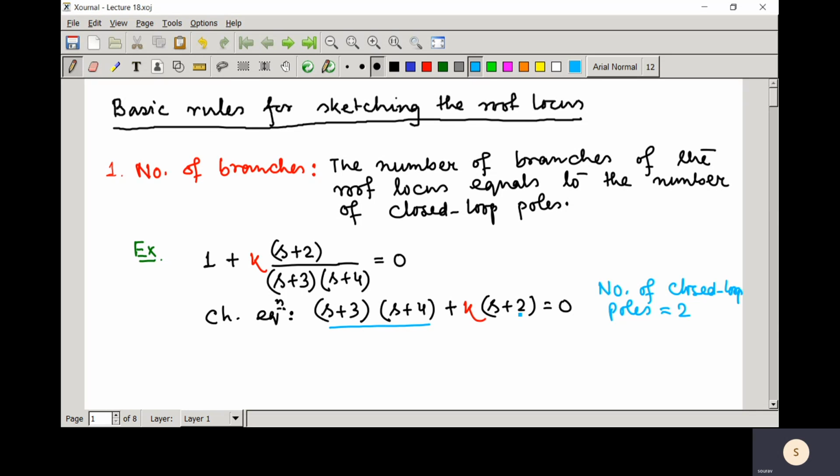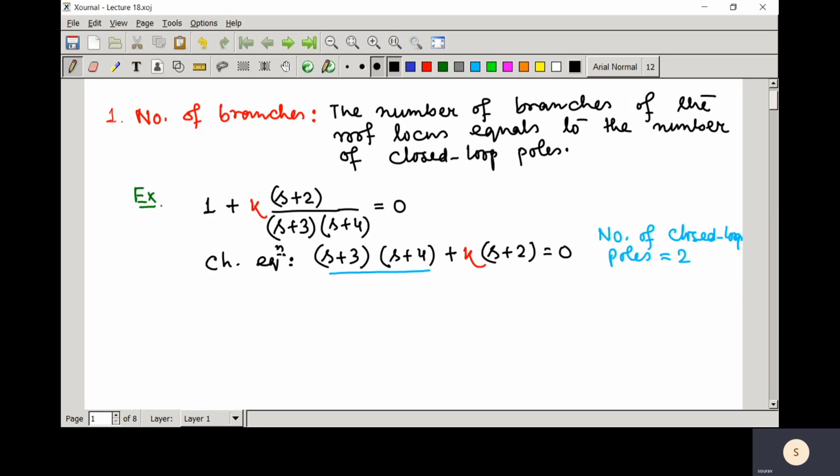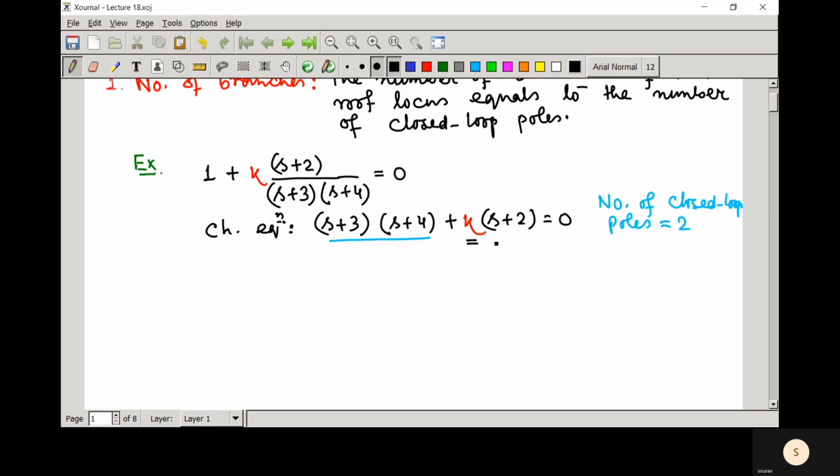So the number of branches in a root locus is equal to the number of closed loop poles, 2. So in this particular case, the number of branches equals 2. Now another interesting point we can understand from here: whenever K varies, we have considered the negative feedback case, that means K will be varying on the positive side, 0 to infinity.